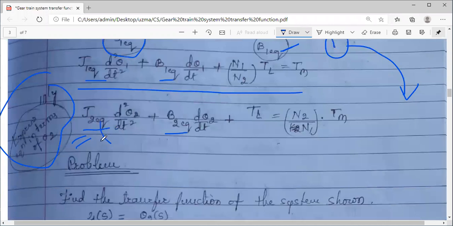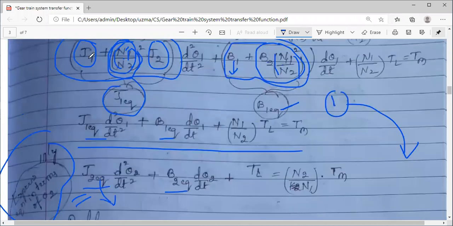So your equivalent value this time will be J2, because the destination shaft value will not change. J2 plus N2 by N1 whole square into J1. This is your equivalent value.